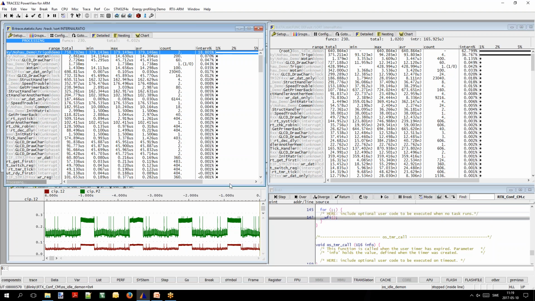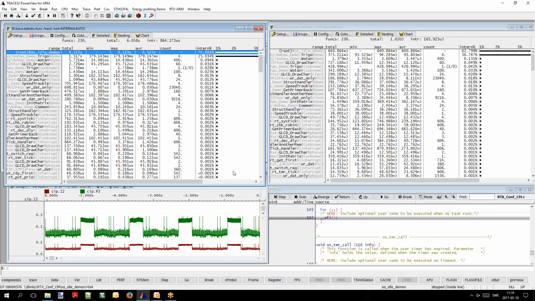As you know, how much time you spend in each function is not necessarily equivalent to how much energy we spent in that function. We are spending around 75% in idle and only 25% in Trigo. So Trigo is a quite power-hungry function, and perhaps there could be some potential in optimizing the Trigo function to reduce the energy consumption.